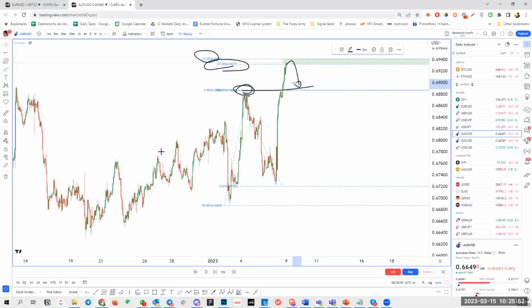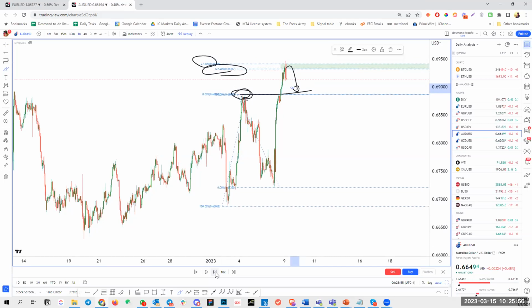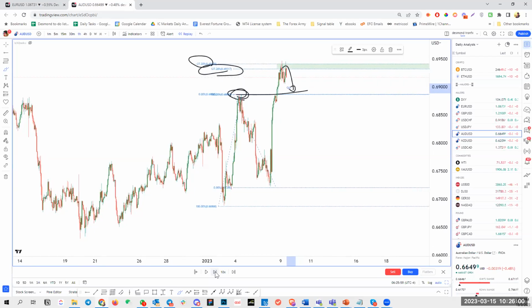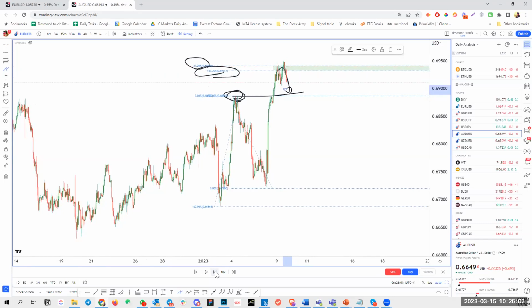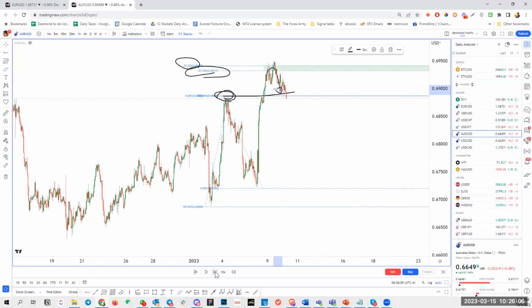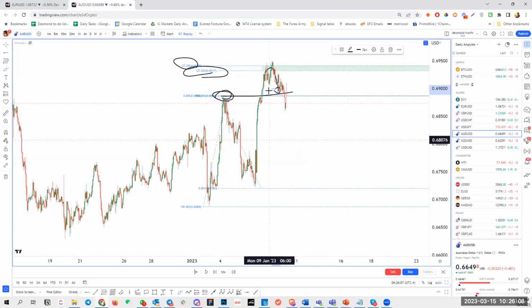Okay, so here we go. So we can see price, bar by bar, it starts to reverse, it starts to reverse. There we go. And price will have hit our take profit then.